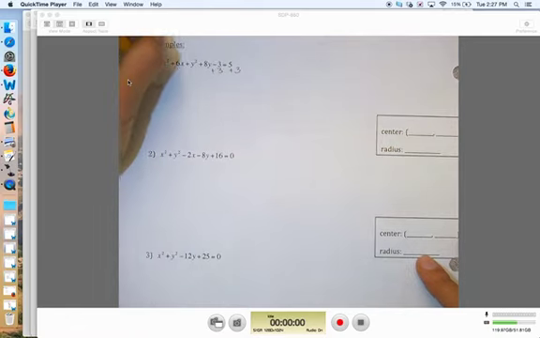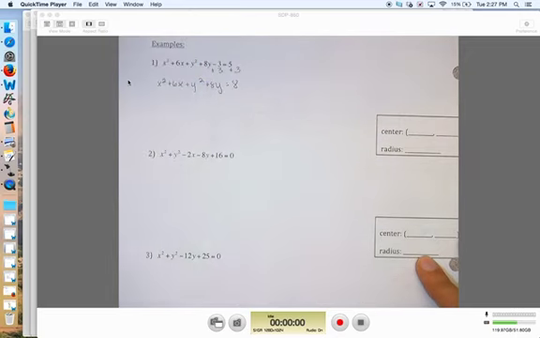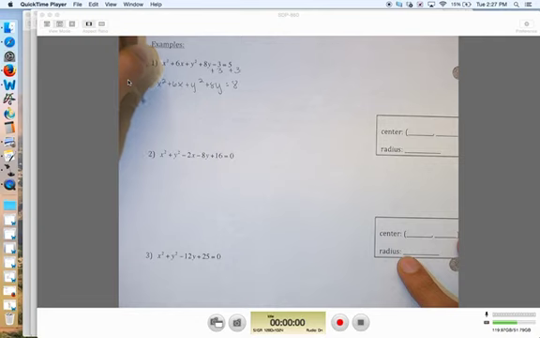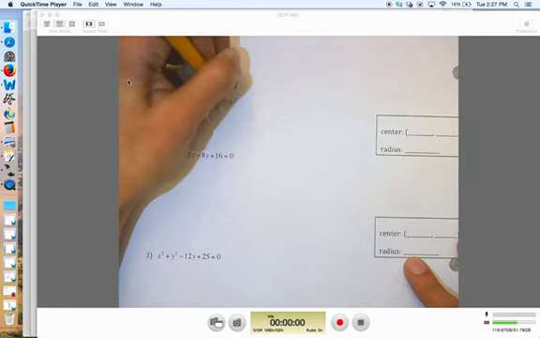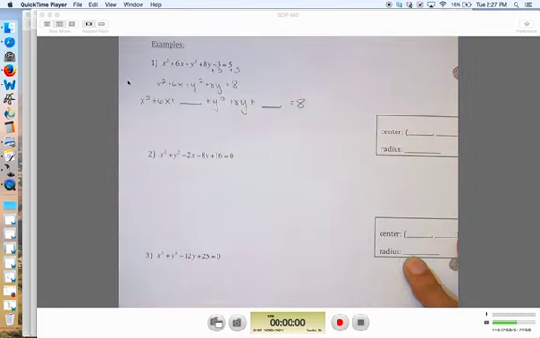So now we have x squared plus 6x plus y squared plus 8y equals 8. The next step is to get the x's together and leave a space, and get the y's together and leave a space. So x squared plus 6x plus blank plus y squared plus 8y plus blank equals 8.